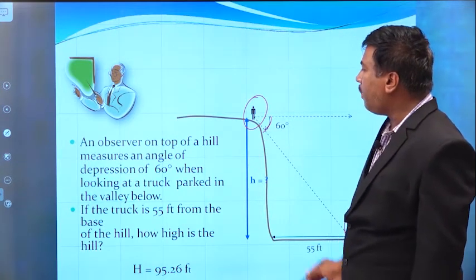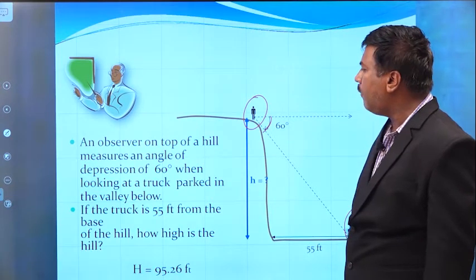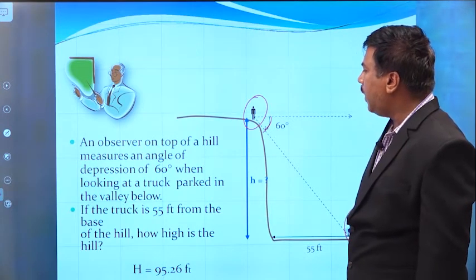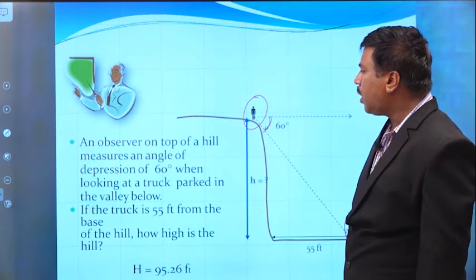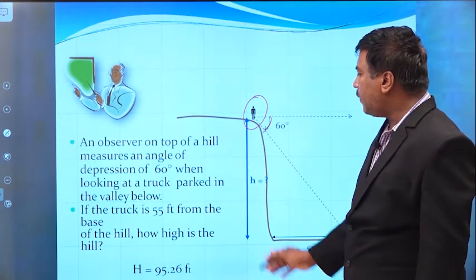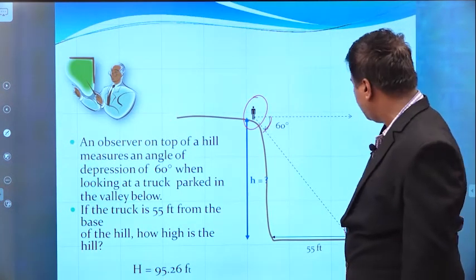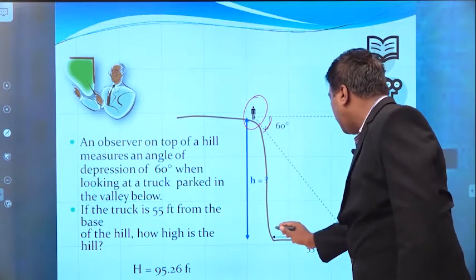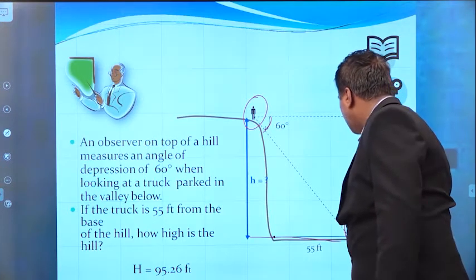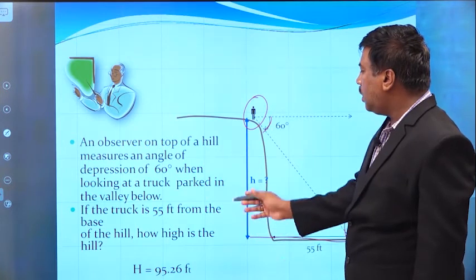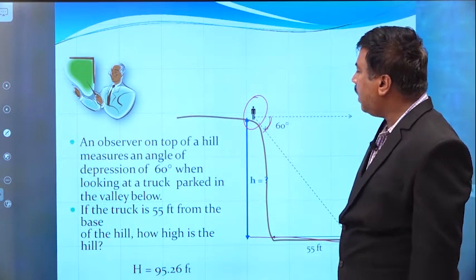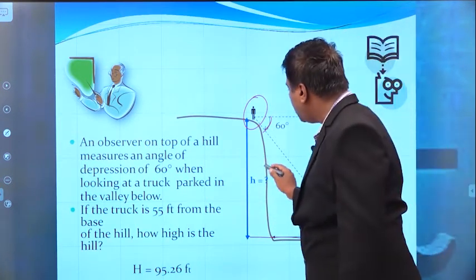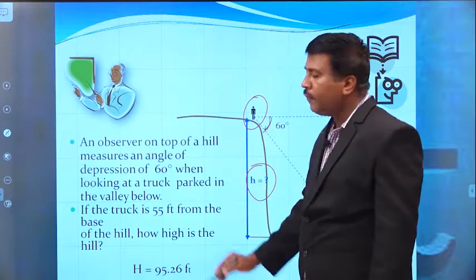An observer on the top of a hill measures an angle of depression of 60 degrees when looking at a truck parked in a valley below. If the truck is 55 feet from the base of the hill, how high is the hill? By using these conditions, we can easily find the height of the hill.